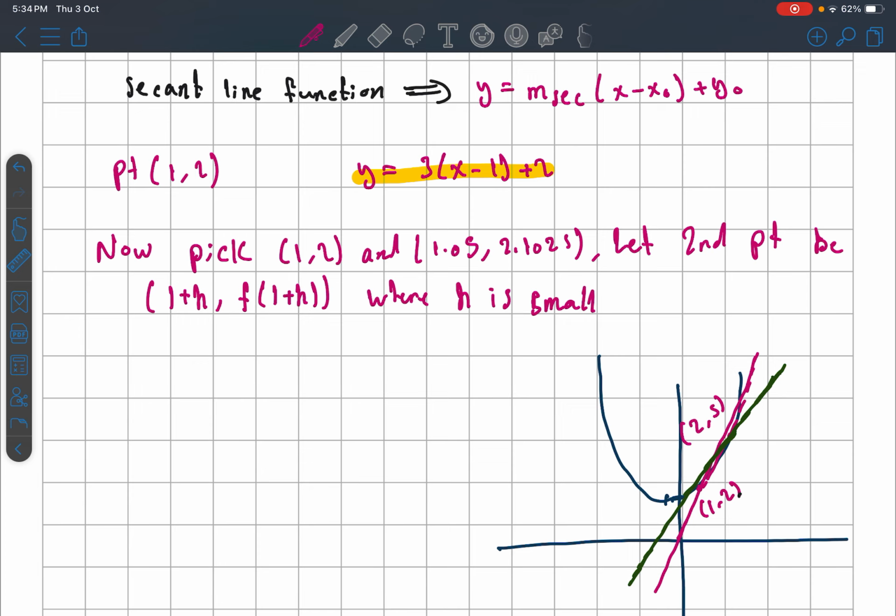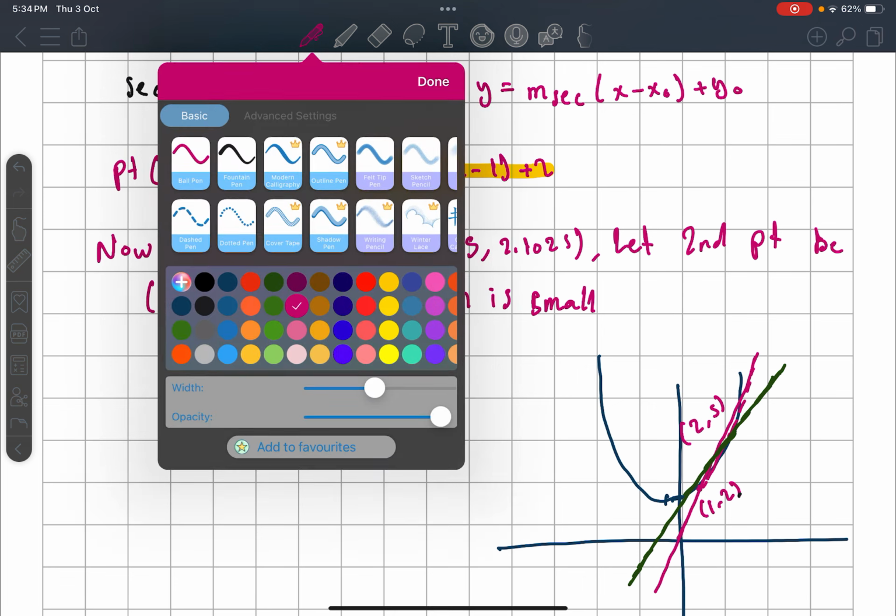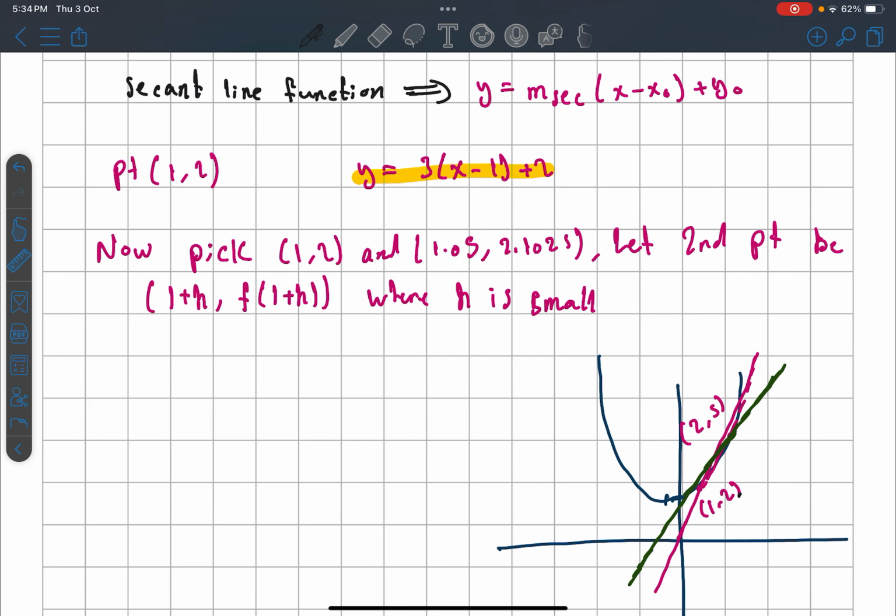So now what happens to m secant as h approaches 0?